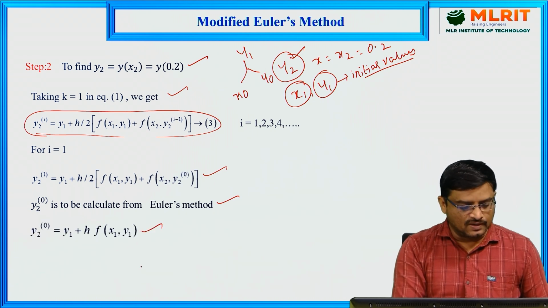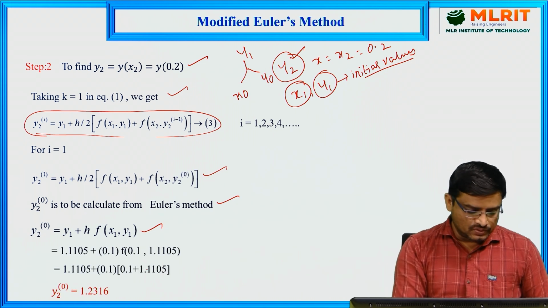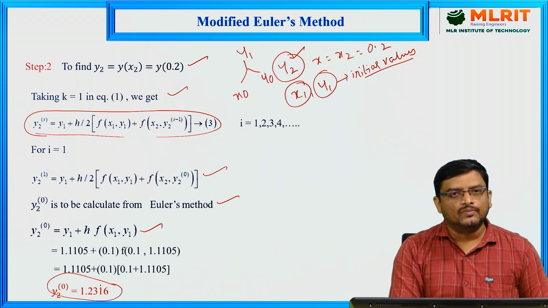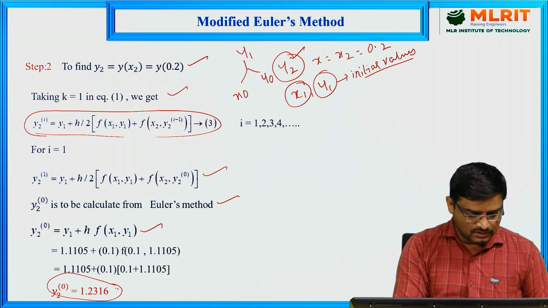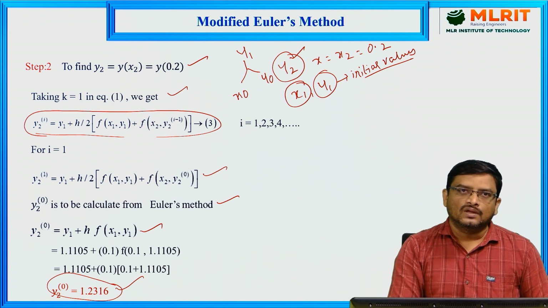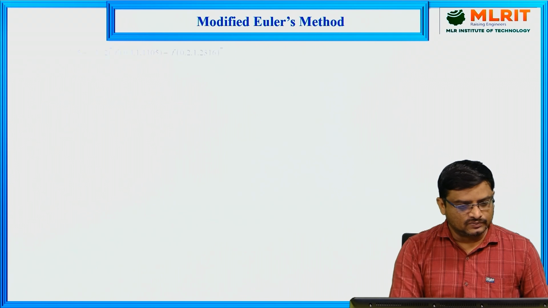Substitute these values, you will get the initial approximation of y2 is equal to 1.2316. Now use this initial value of y2 in the modified Euler's method and find out the approximations here.